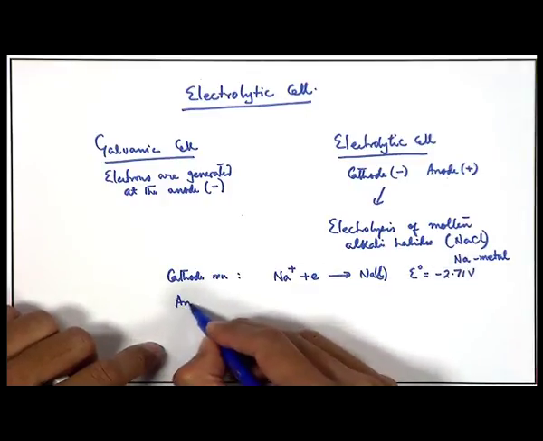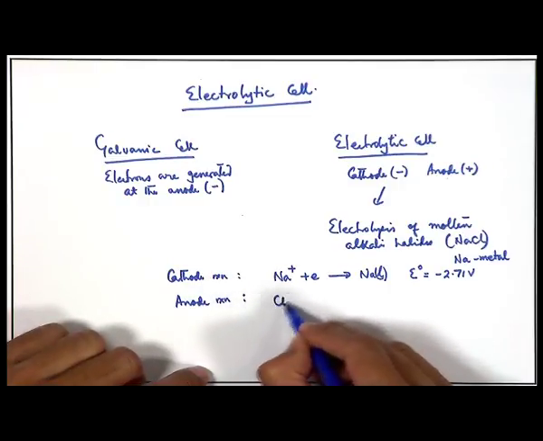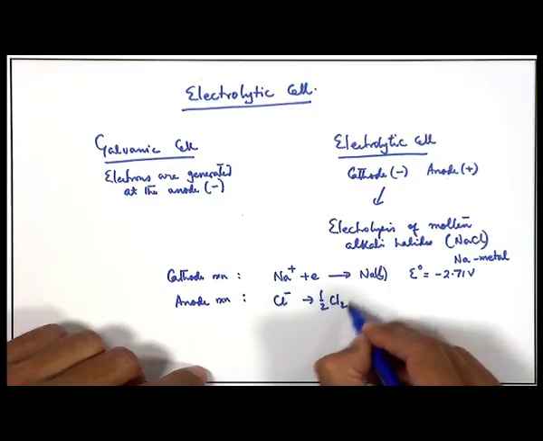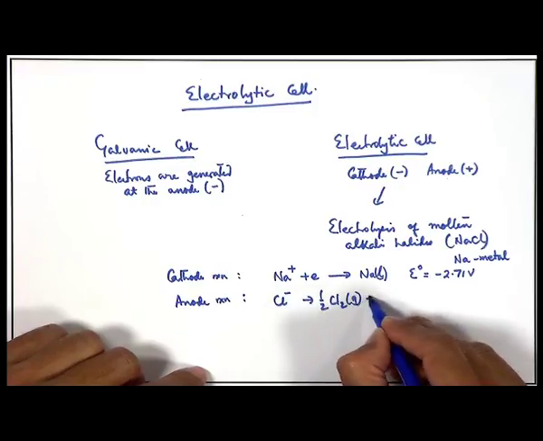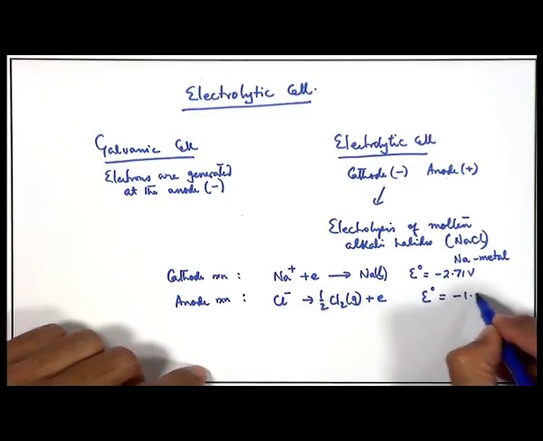The anode reaction is Cl minus gives half Cl2 gas plus electron, and the corresponding potential is equal to minus 1.36 volt.